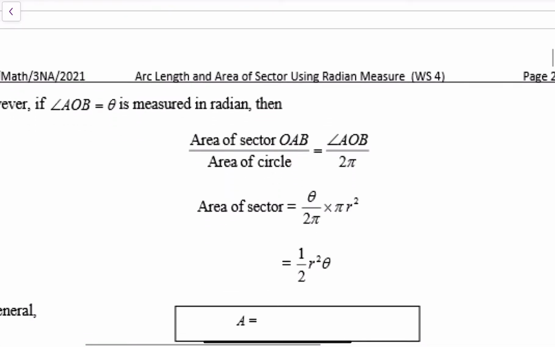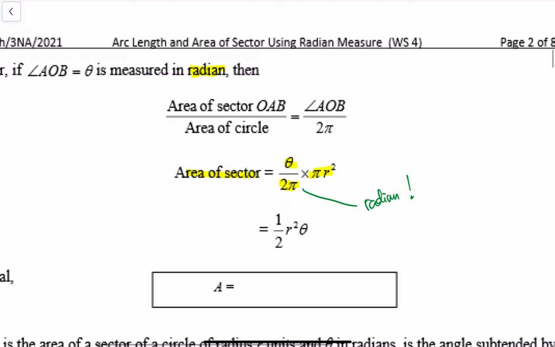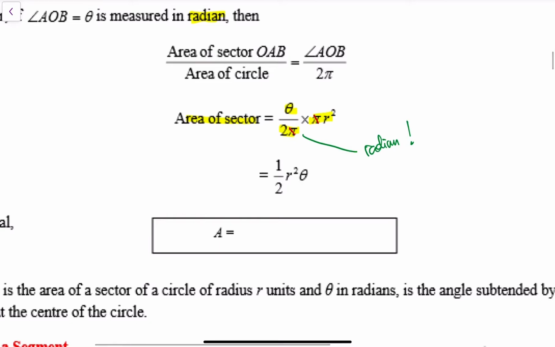Now, if you are going to calculate in radian mode, then once again I will change this to radian mode. In radian mode, it will be divided by 2 pi rather than divided by 360. Similarly, just like the arc length, if you use radian, the pi and pi can cancel each other out, and I get a simpler formula: A is equal to half r squared theta, where theta is in radian mode.